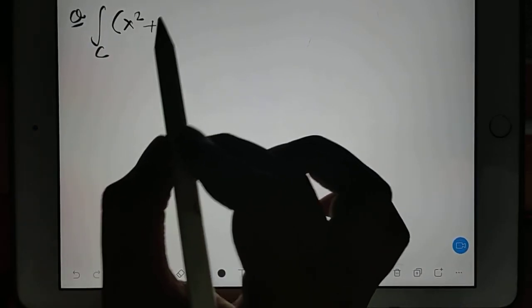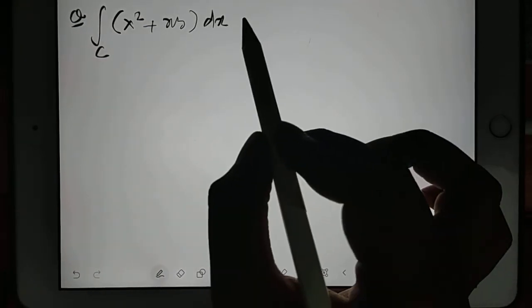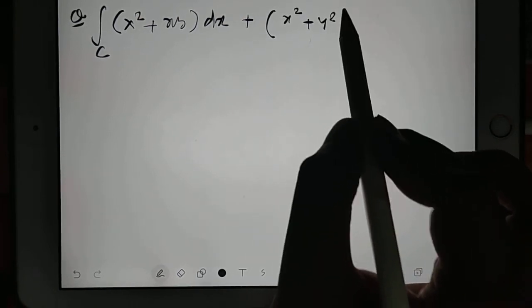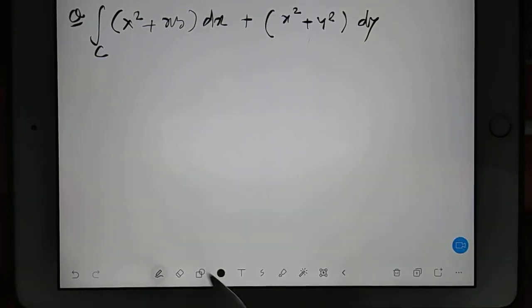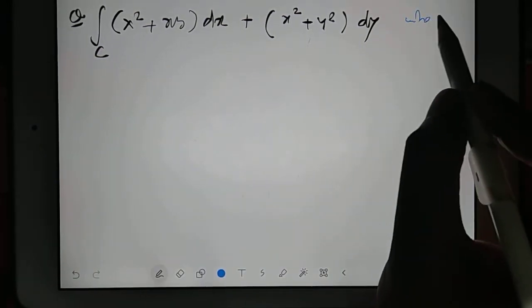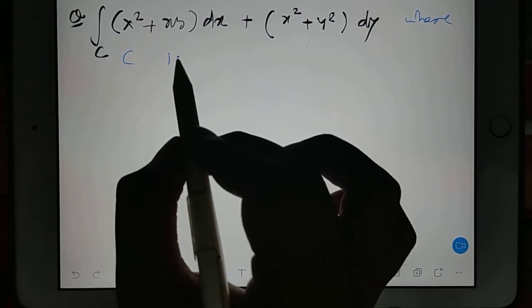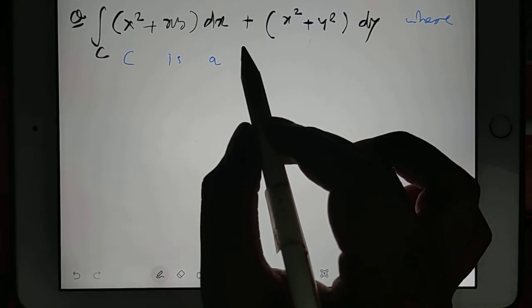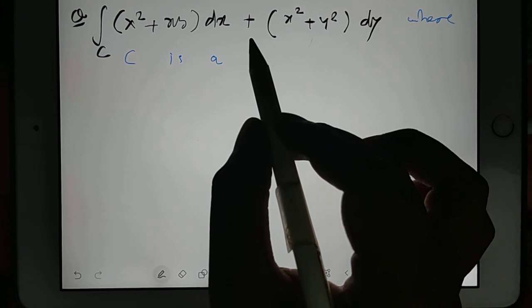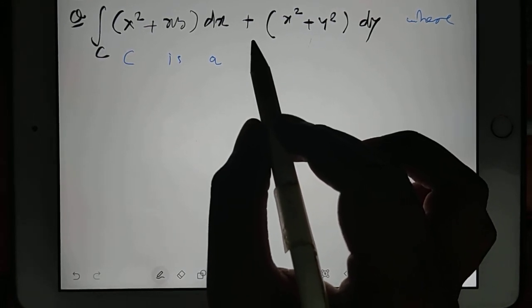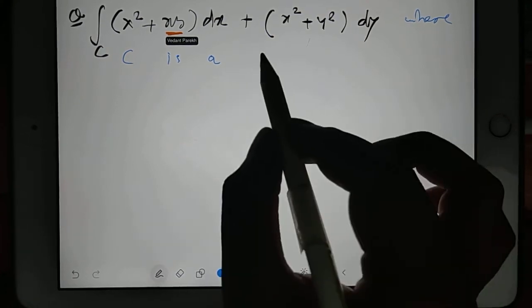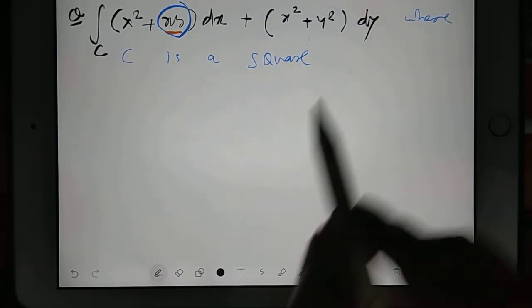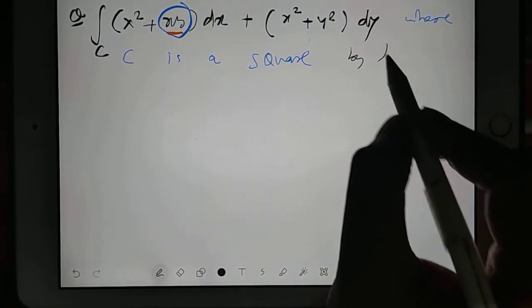The integral of (x square plus xy) dx plus (x square plus y square) dy, where C is a square. C is a square by lines.